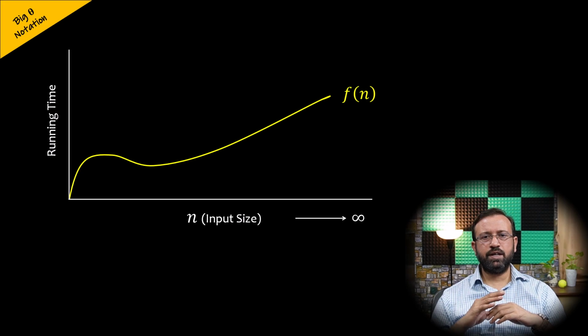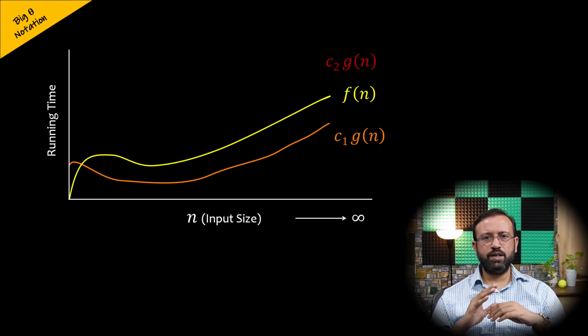Let us consider another function g of n in such a way that the function c1 multiplied by g of n is less than the function f of n. And let us also consider that c2 multiplied by g of n is greater than the function f of n after some value or input n0.